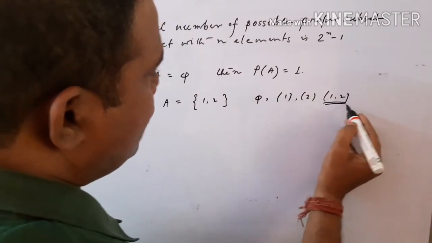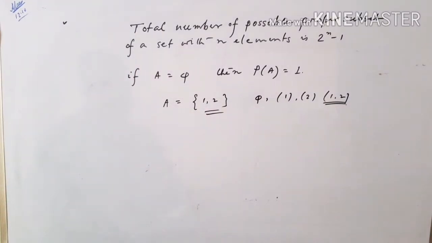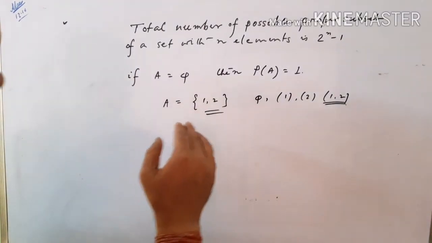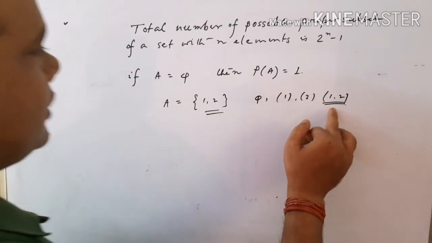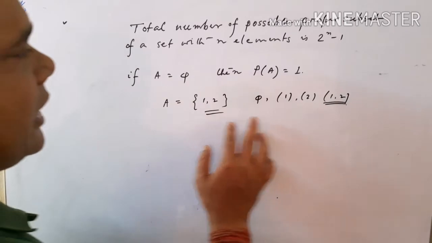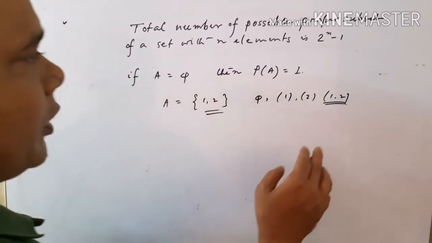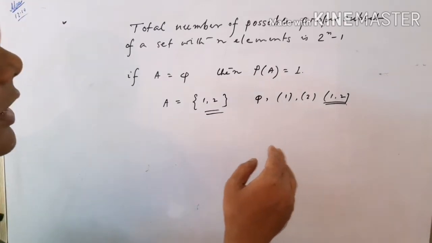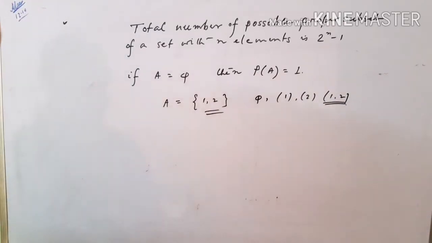Now see that {1, 2} is not a proper subset of the set itself. We know that every set is a subset of itself, therefore {1, 2} is a subset of {1, 2}, but they are not proper subsets of each other. Clear? Because a proper subset has at least one element less than the original set.